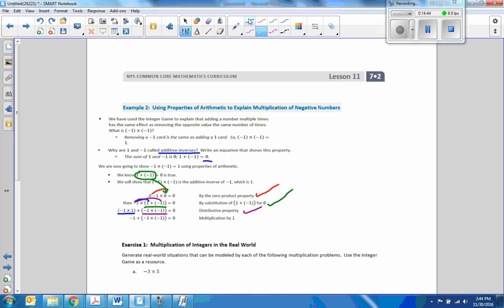Let's do this. Okay, -1 times -1 is the additive inverse. So -1 plus -1 times -1, which is right here, equals 1.